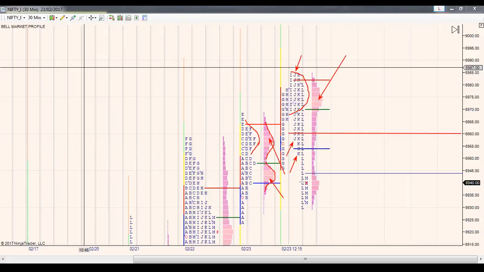So what may have happened was, when it came down in J and K period in this region, momentum buyers came in and said that okay, this is a nice support, let's just buy, and the market might resume its journey upwards, which was actually confirmed by this K period going all the way up to the I and J period high.